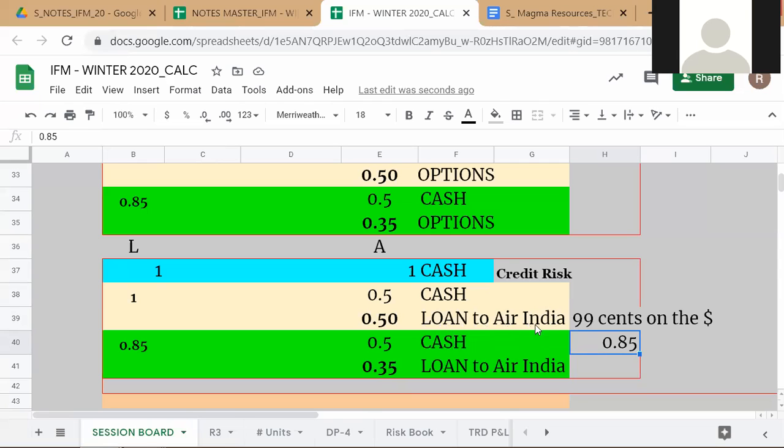All kinds of stuff is happening, which means the market is reassessing the possibility of this loan being repaid, and now it starts to trade this loan at 85 cents on the dollar, which is basically 85% of par value.